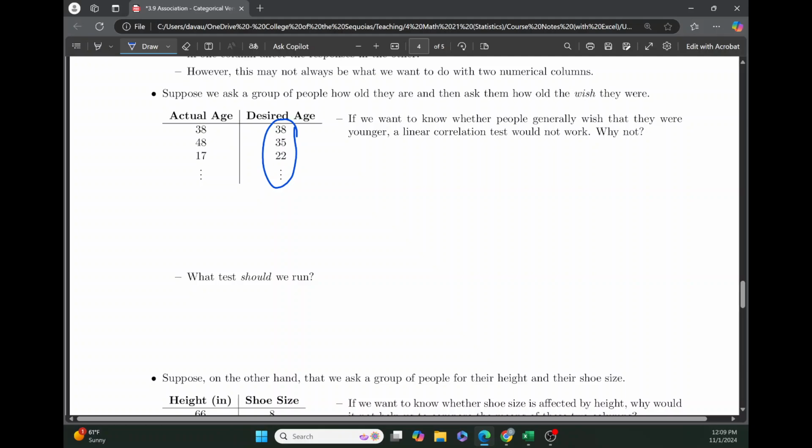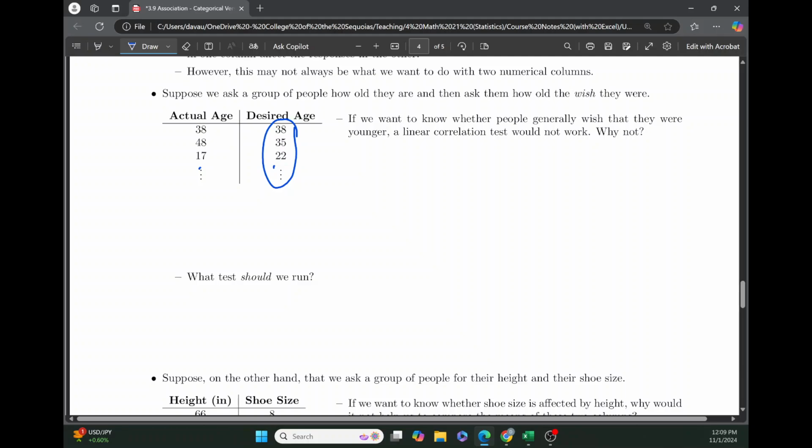So you're going to get a perfect linear correlation whether or not there's a difference between these variables, assuming that people say their desired age is somewhere within the same ballpark as their actual age. Let me say that again. If people's desired age is somewhere in the same ballpark as their actual age, then you're going to see a linear correlation between actual age and desired age. That does not answer the question of whether or not people wish that they were younger than they actually are.